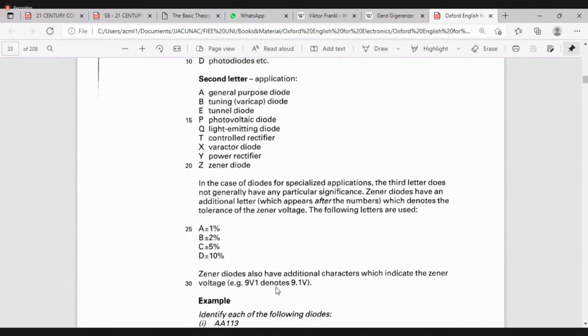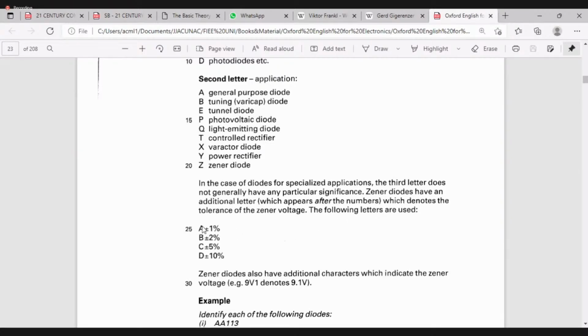Yes. And just in case, they say, in the case of diodes for specialized applications, the third letter does not generally have any particular significance. Zener diodes have an additional letter which appears after the numbers, which denotes the tolerance of the Zener voltage.